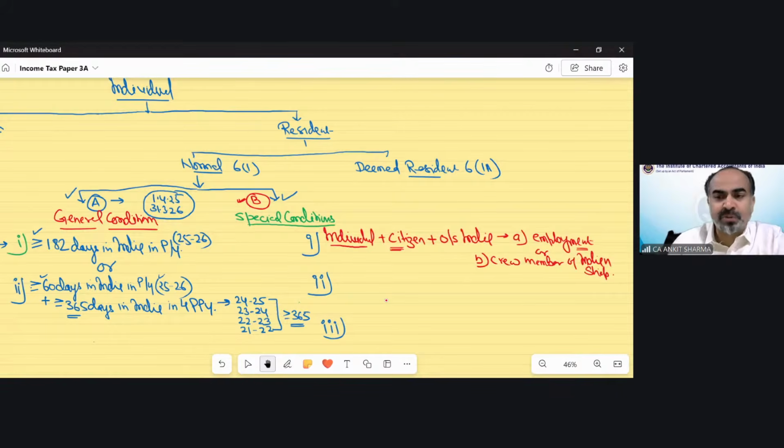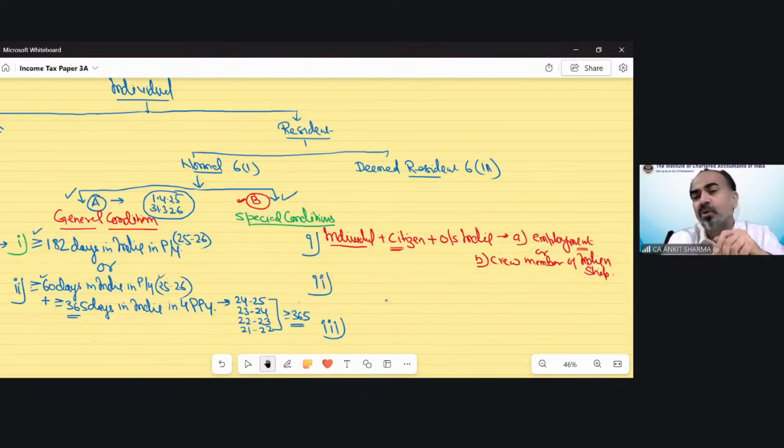If you are going outside India for travelling purposes, whether for a month, 2 months or 3 months, this condition would not be applicable. We would fall in category A.